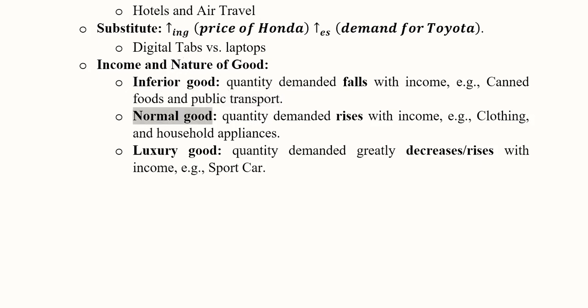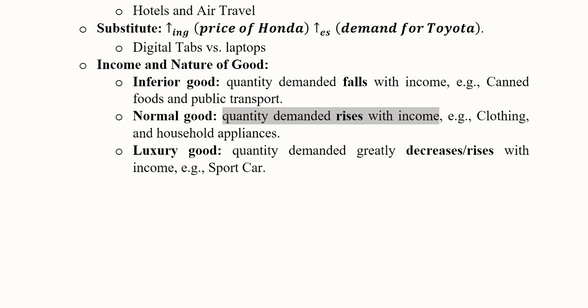Then we have a normal good. A normal good, as the name says, is going to follow the law of demand. As the quantity demanded is related to income, a rise in income will increase it. That is, as the income increases, it is going to increase the quantity demanded of that normal good.